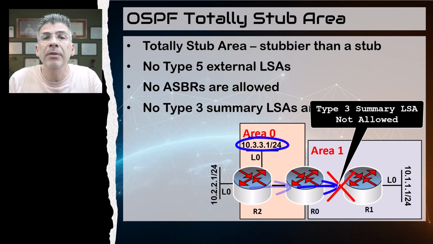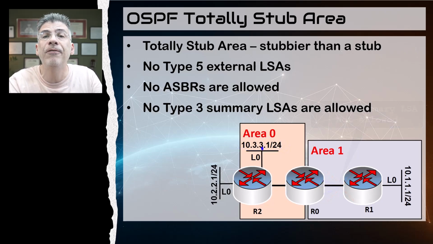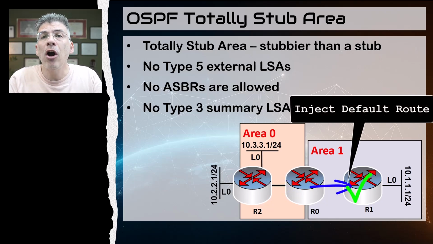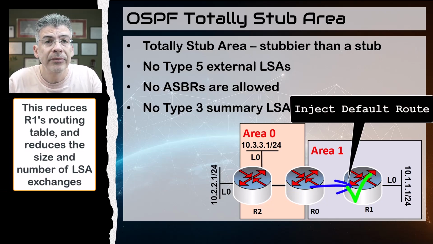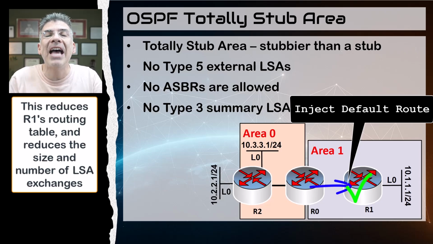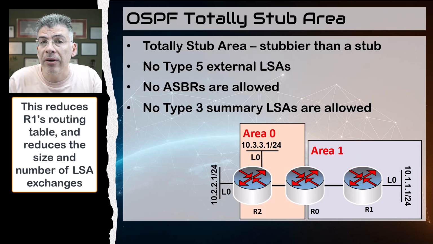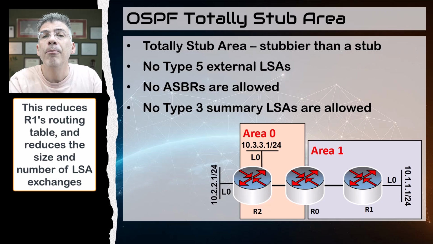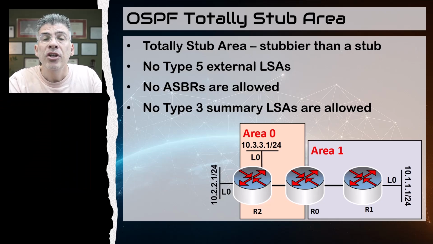Both of these will be replaced with an injected default route to R0. As you can understand, this makes R1's routing table smaller, and it makes the number of advertised LSAs fewer, making this area more efficient. So that's a totally stub area.